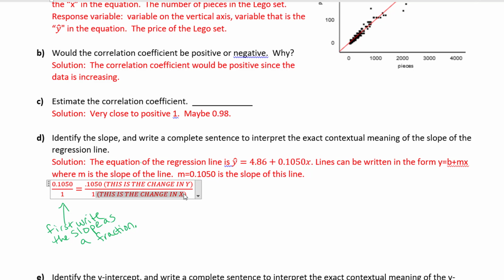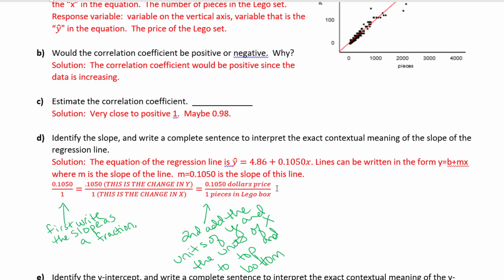That's how slope is defined, change in y over change in x. So what I'm going to do now is just add the units of y to the top and the units of x to the bottom. So in the top, our units of y are dollars of price, and our units of x were number of pieces. So the change in y is $0.1050 of price. The change in x is the 1 pieces of Lego box.